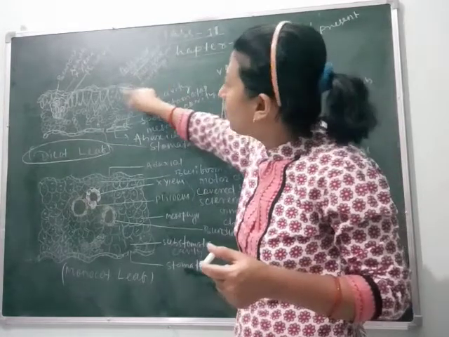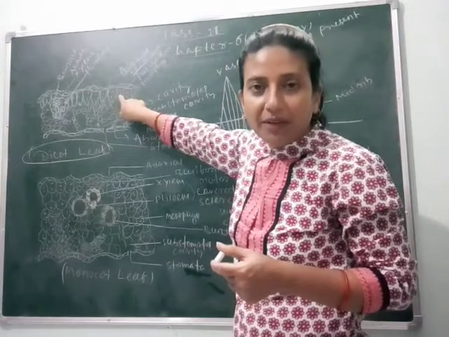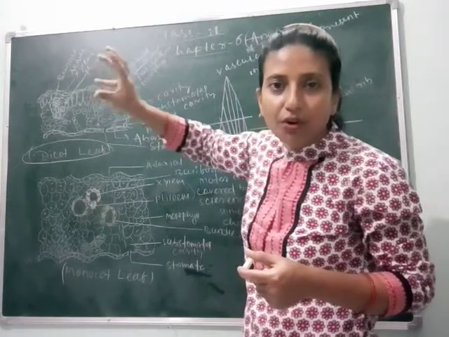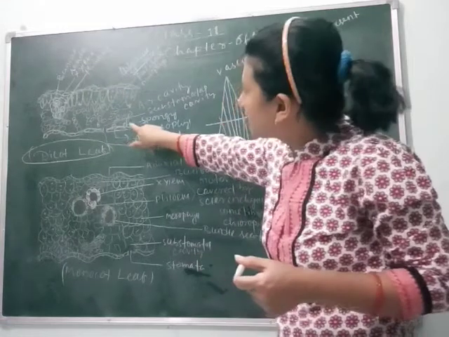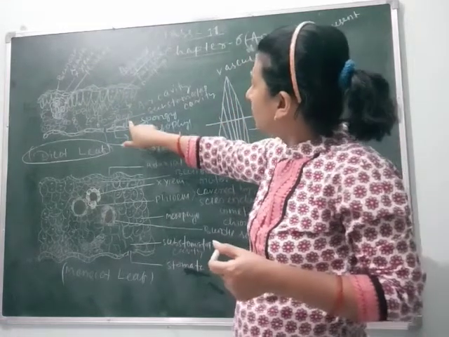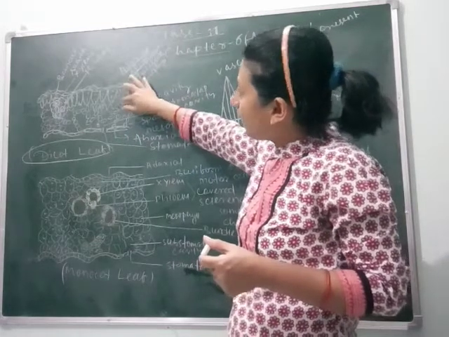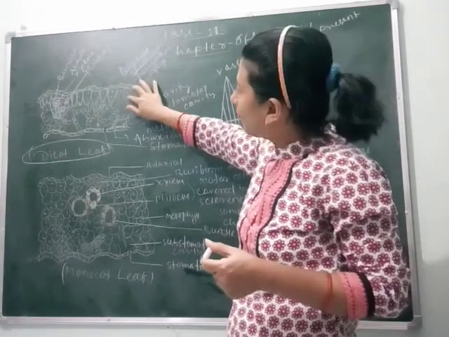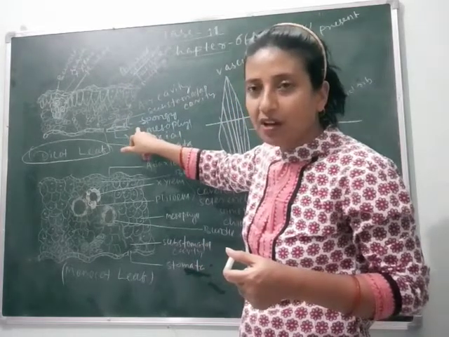It is made up of thin parenchymatous tissue, whose main function is to hold water. Clear? Next, at the lower surface, there is spongy mesophyll. This palisade mesophyll is present at the upper part of the leaf, and spongy mesophyll is present at the lower part of the leaf.